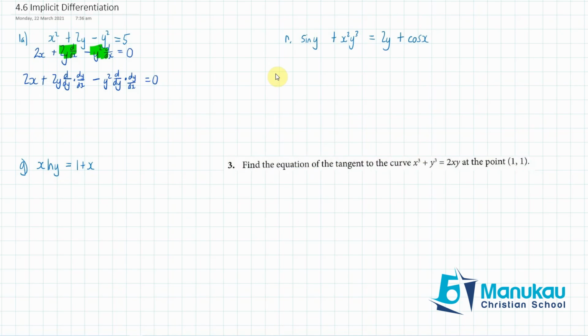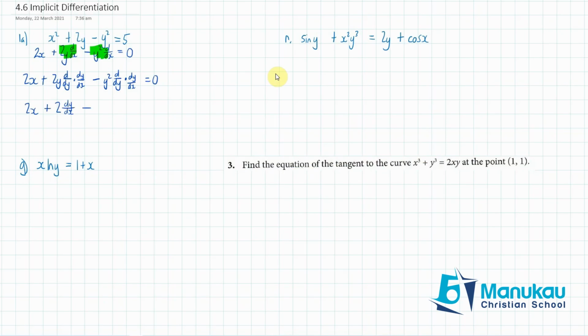Okay, so now in the next line, what we can do is get those y's to drop out. So it'll be 2x, and if I differentiate 2y with respect to y, that's just simply going to become 2, but I'll still have this dy dx here, you see.